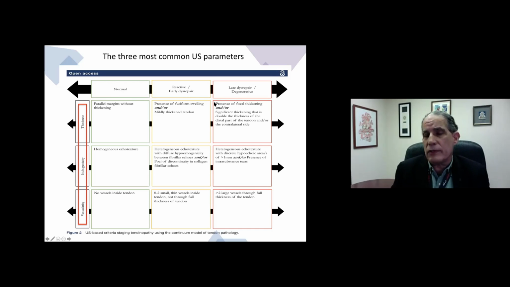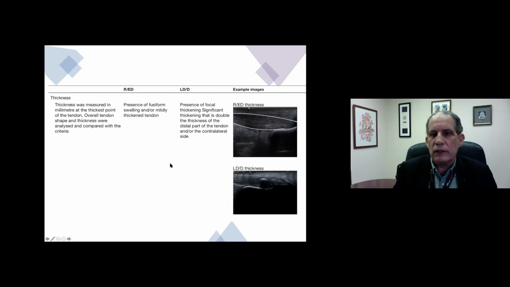So I think it is important that we understand this model, because every time we see a patient, we can actually say, okay, the patient may be here, maybe here, maybe here. So it's a clinical continuum of the condition. The same thing we can say about the echogenicity, and the same thing about the vascularity. So let me show the first criterion.